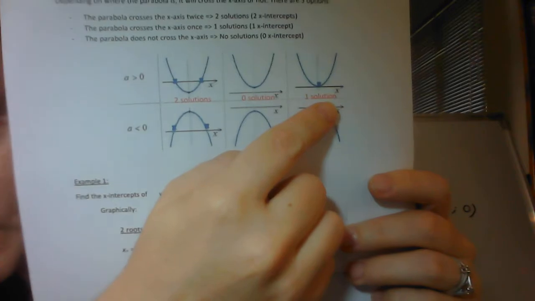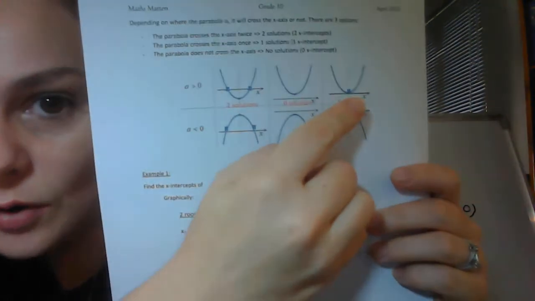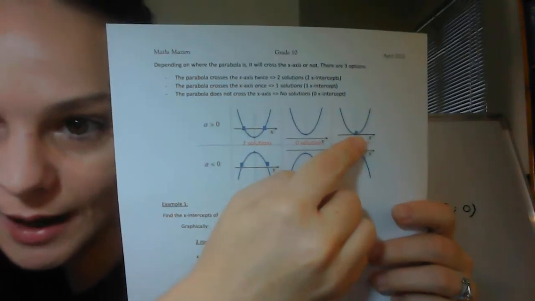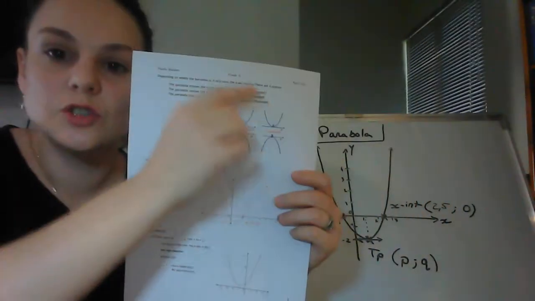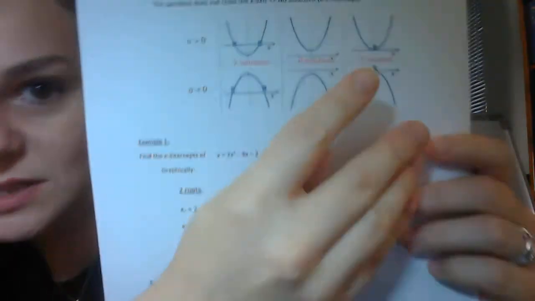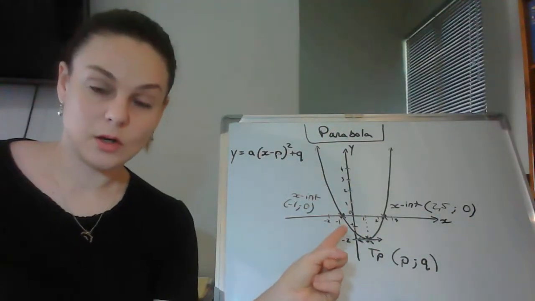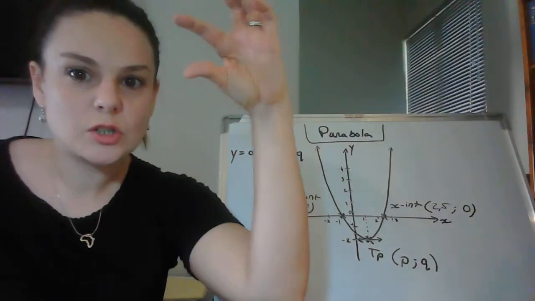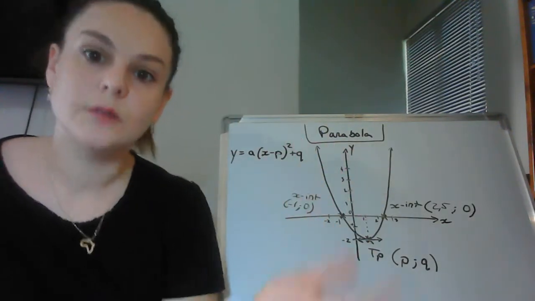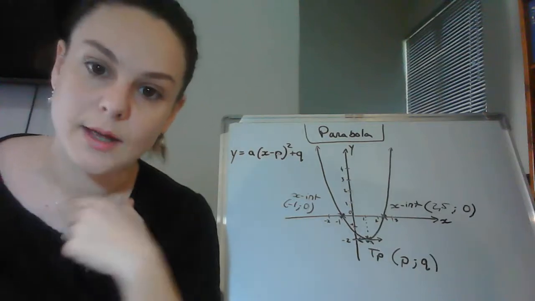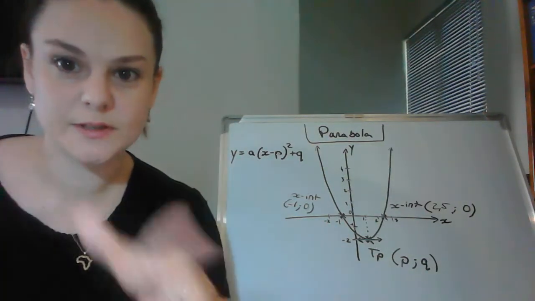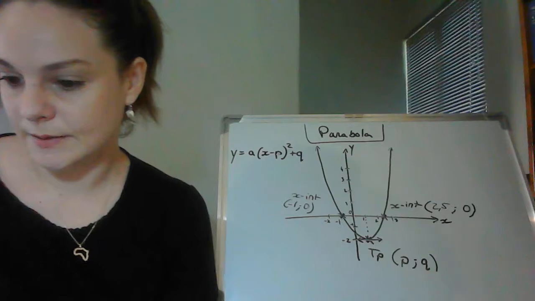And there is a third option where the shift is just enough for the graph to touch the x-axis but not cross it twice, just touch it at one specific point, then you get only 1 solution. So there are 3 options for the x-intercept: 2, or 1 when it's only just touching once, or 0 if the graph is too high compared to the x-axis. The three options are possible and correct.